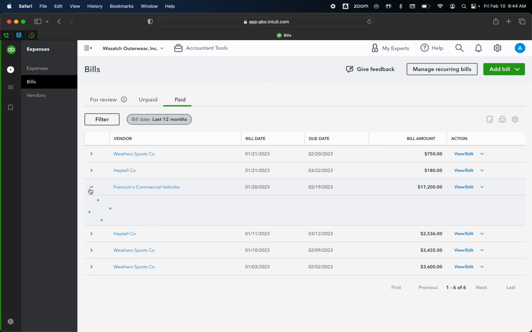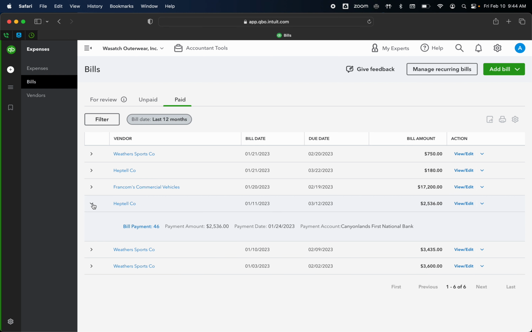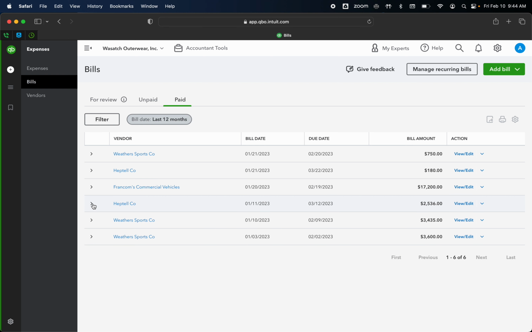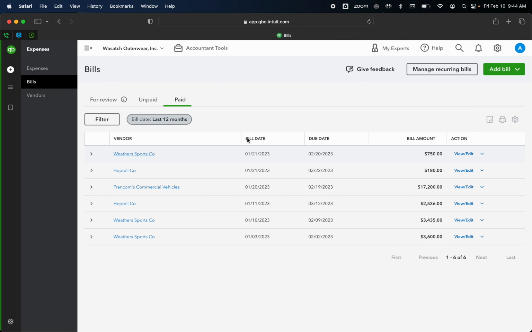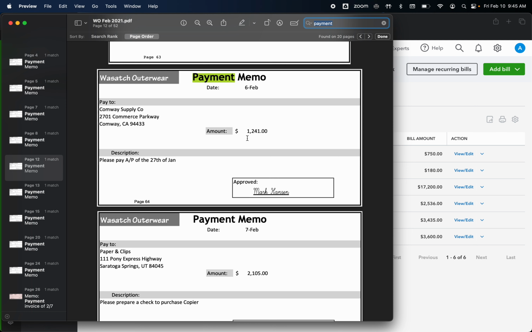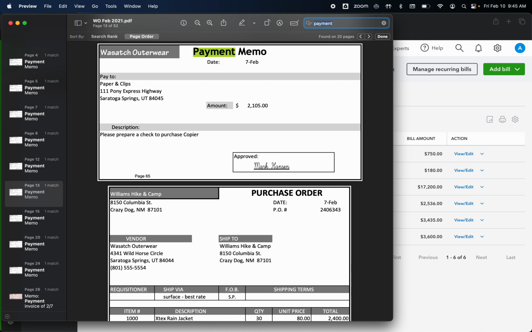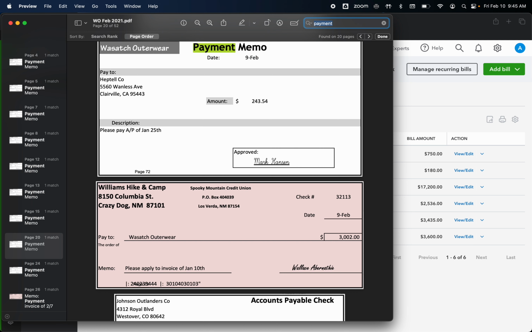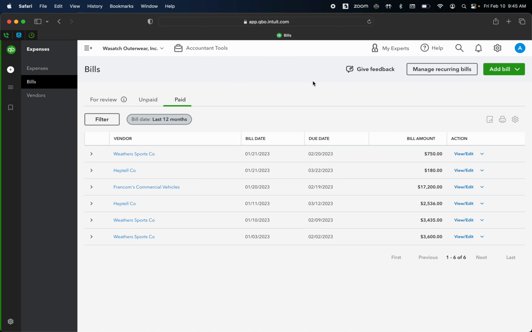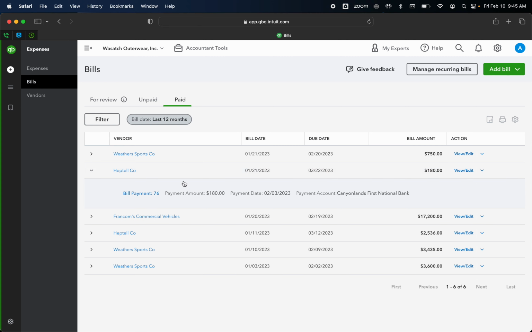This Conway Supply is an issue. Conway Supply, that doesn't have anything to do with inventory. That's there, you have that as a bill. 243, Hep Telco, right here.